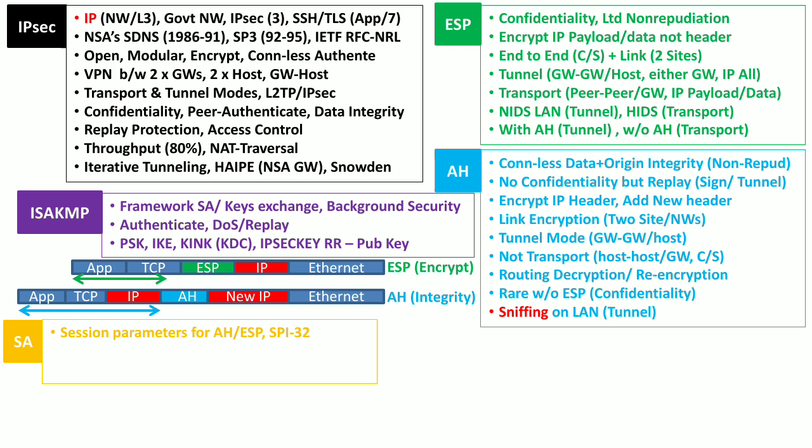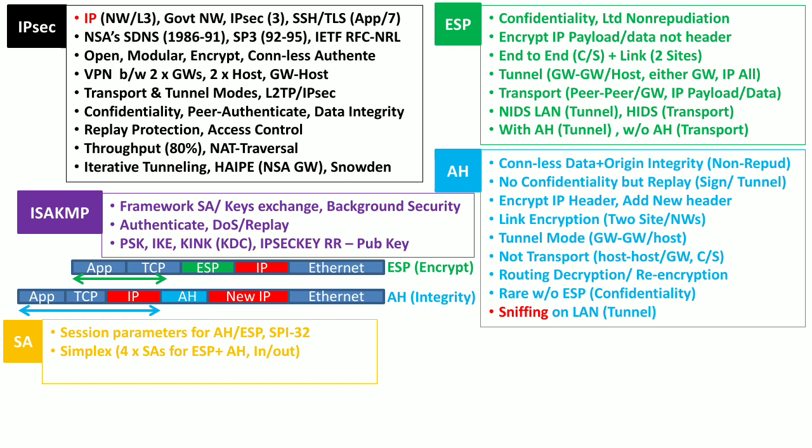So security associations, or SAs, are actually the session parameters for authentication header and encapsulating security payload. And there is a security parameter index which is 32-bit, and this SPI denotes the security association. So security association is simplex, that is, we have to create two SAs for ESP, one SA for each direction, and then two SAs for authentication header.